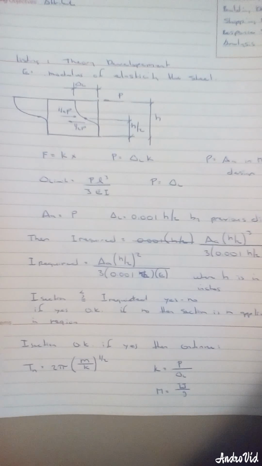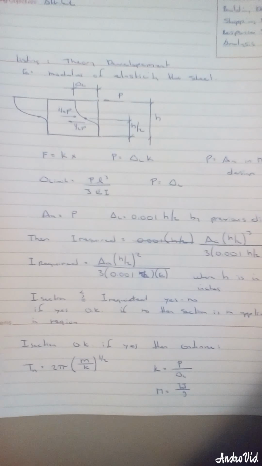And then, is the I section less than, greater than, or equal to I required, yes or no? If yes, okay. If no, the section is not applicable in the region. If yes, then continue. T sub n is equal to 2 pi times the square root of m over k, where k is equal to P divided by delta L, and m is equal to w over g.